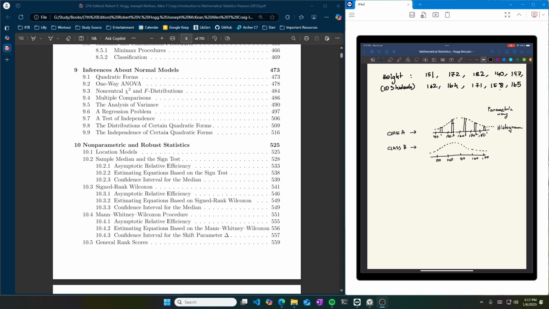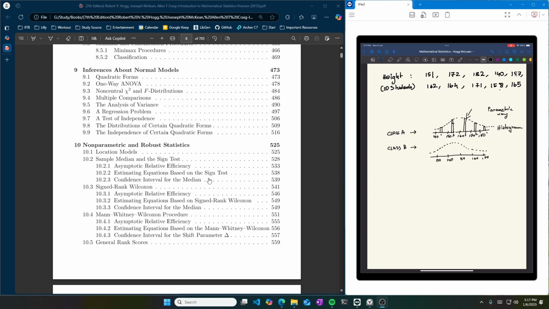So that is the parametric way. In real-world scenarios, a lot of variables don't often follow this structural behavior. Then we can use non-parametric statistics, and we find several tests based on what we want to look into.